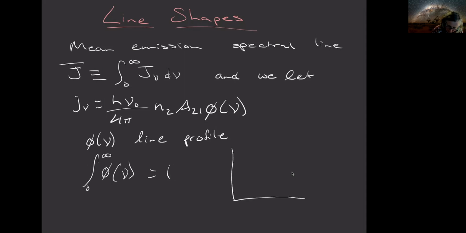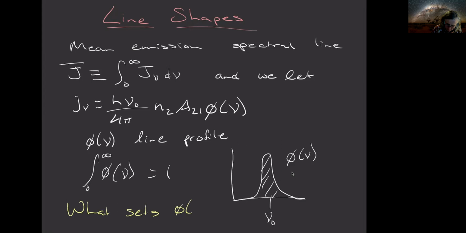And this just looks like some function, which I'm drawing as broadly Gaussian at the moment, and it's defined at nu 0, and this is my phi of nu. So what sets phi of nu? And that is the whole topic of line shapes.